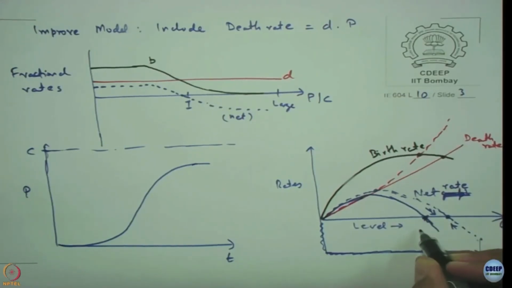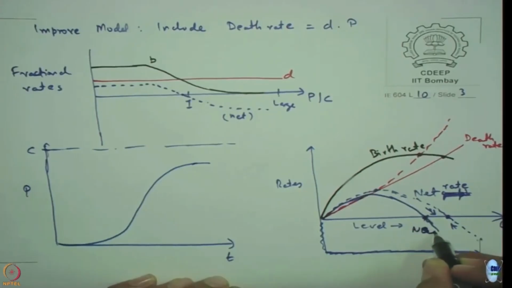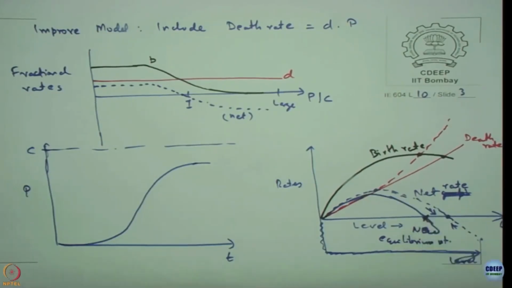This will be the new equilibrium point, it will be somewhere here. So, you can expect similar behavior, and the equilibrium point is lower. We can also model this, we will continue it in the next class.